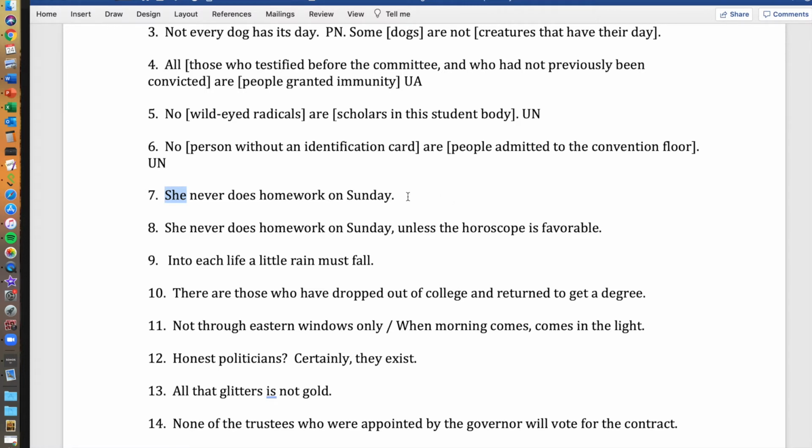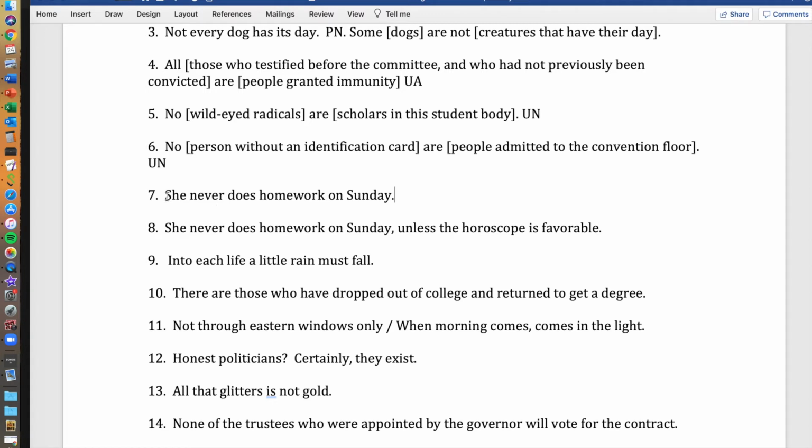And the way you figure this out is to think about what's the universe of discourse here, okay? Because the key idea is sharing information about which days this person does homework. So the universe of discourse is effectively days of the week, okay? So we have Sundays and we have days that she does homework on.